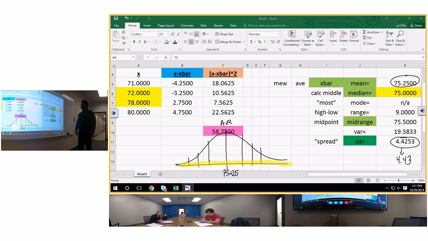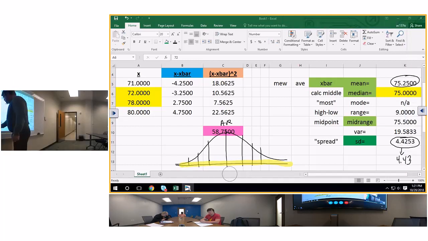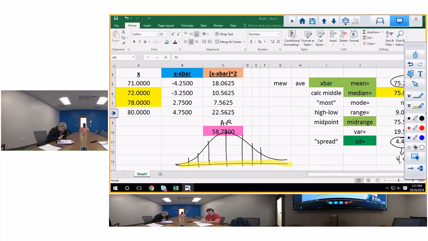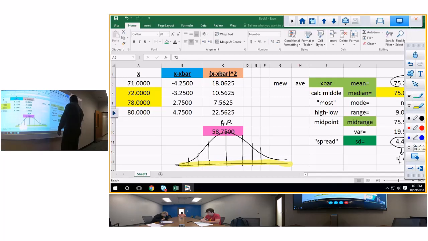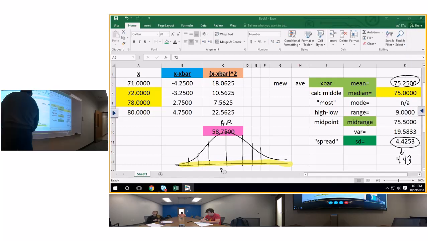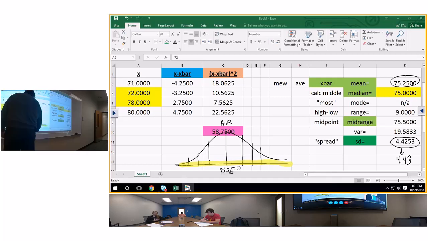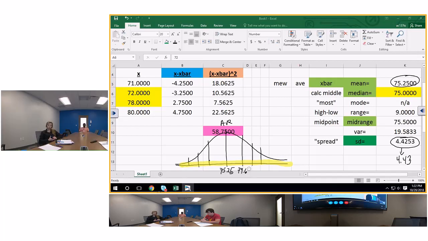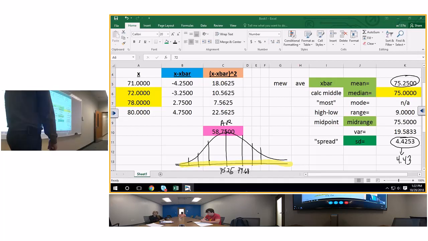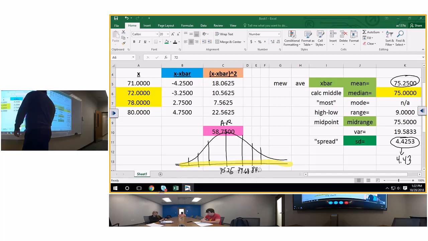What do you get? 75.25 plus 4.43 is 79.68. Now add again to 79.68, add 4.43. 84.11. And add again 4.43. 88.54.